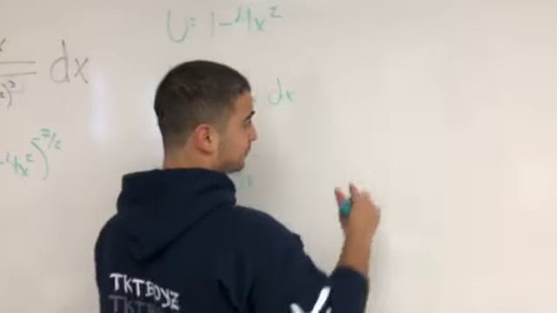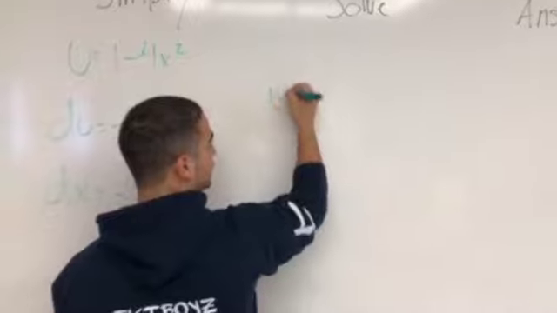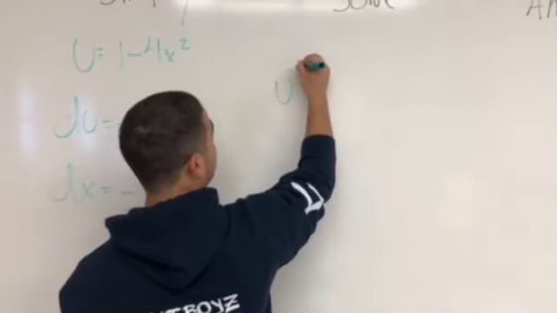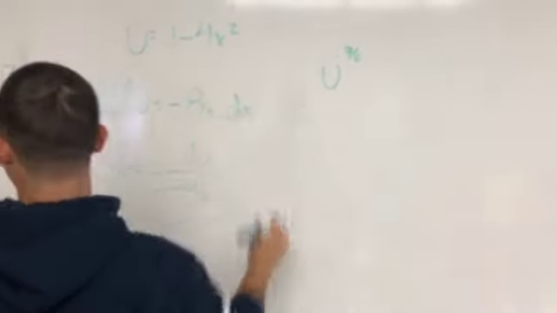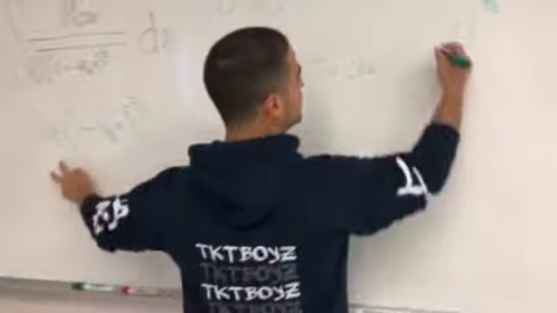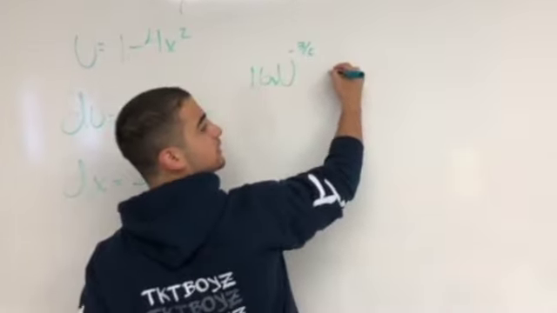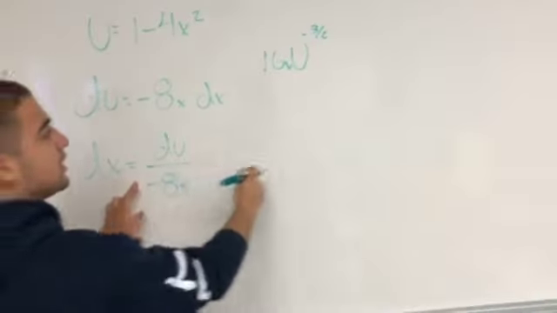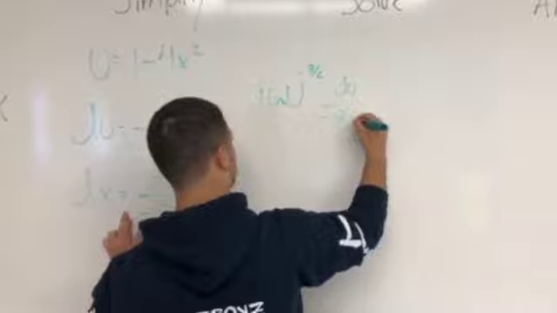Okay, so once we have this, the next step is having the u raised to the negative 3 halves, and then putting the first number, which is 16, and then putting the dx, which is du over negative 8x.